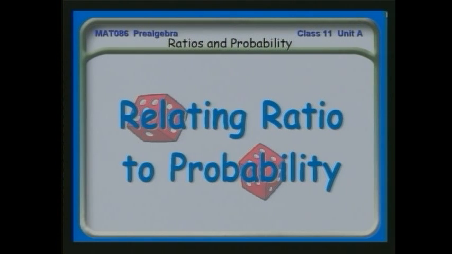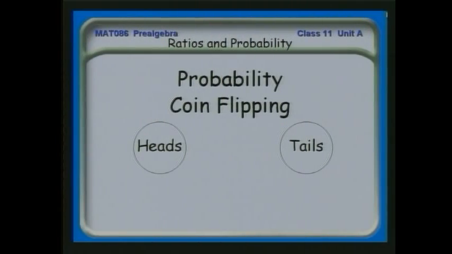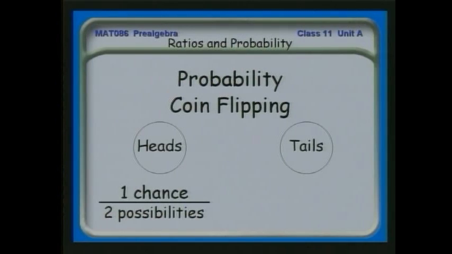Another interesting use of ratios is to talk about probabilities. Suppose, for example, I flip a coin. We have heads and tails. And if I flip it, what are the chances of it coming up heads? Well, since we have two choices, heads and tails, we'll assume that it's not going to stand on its edge or anything. The probability of it coming up either heads or tails is one chance in two possibilities.